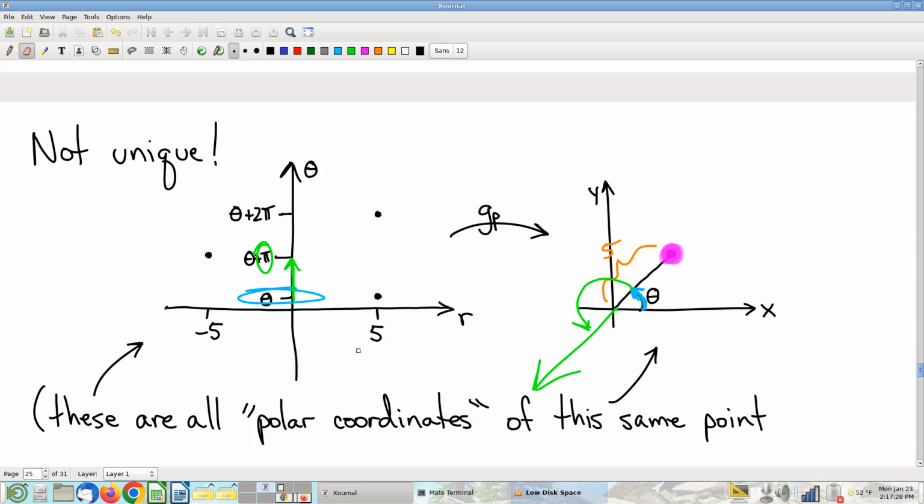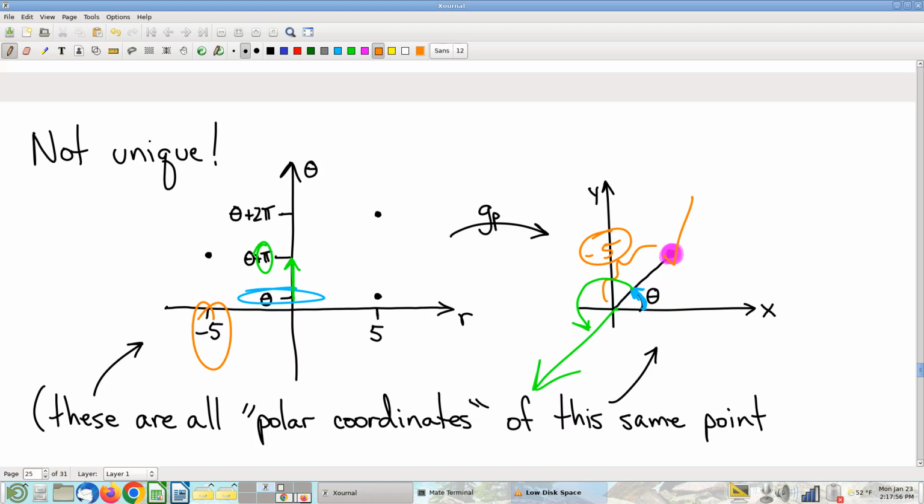But if instead of going 5 in that direction, I were to go -5, and keep in mind, negative means go the opposite of the given direction, then -5 would get me right back to the exact same point. So (-5, theta plus pi) is also perfectly acceptable polar coordinates.